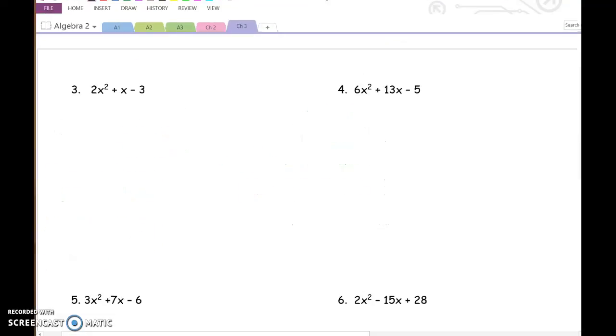Our first step is still to use the blanks to figure out what that pair of numbers is. The important thing here is that because we have an a value that isn't 1, we need to multiply our a value times our c value. So 2 times negative 3 is negative 6.